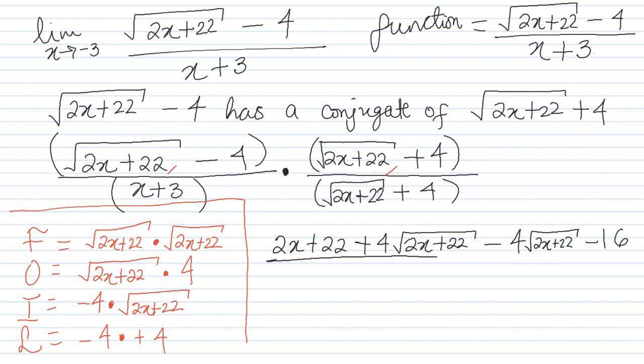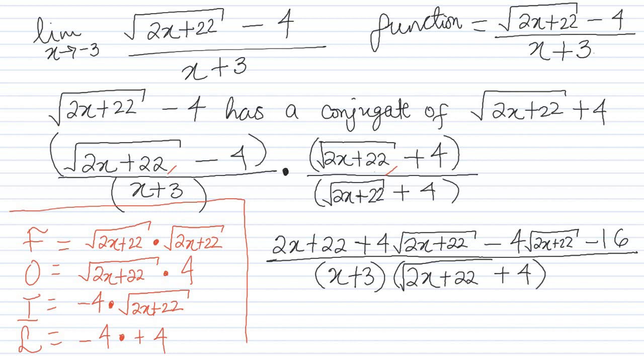That's what's going on. We're not going to do anything to the denominator. We're just going to say x plus 3, multiplied by the square root of 2x plus 22 plus 4. So that's it for now.